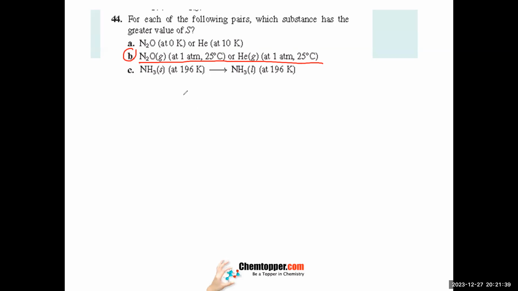No, gas. This is also gas. I explained in detail. In N2O, there is a chemical bond with oxygen here, with nitrogen here, right? These bonds can undergo stretching, compressing, vibrational motion.